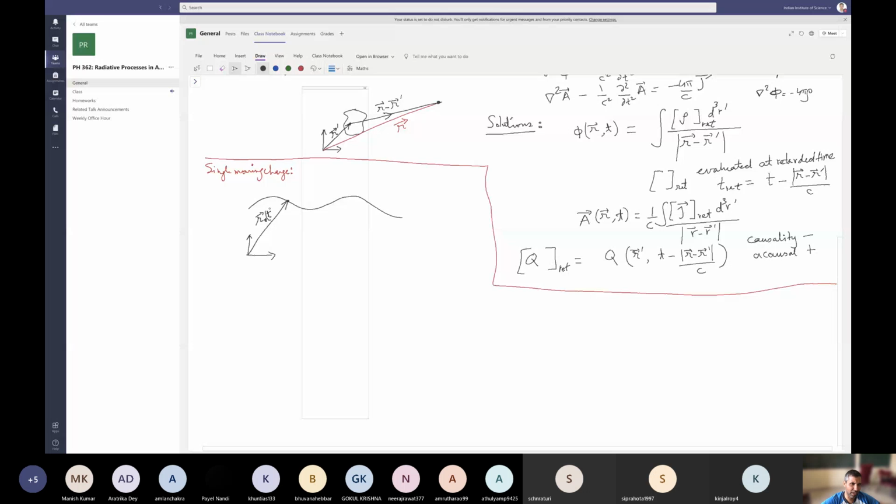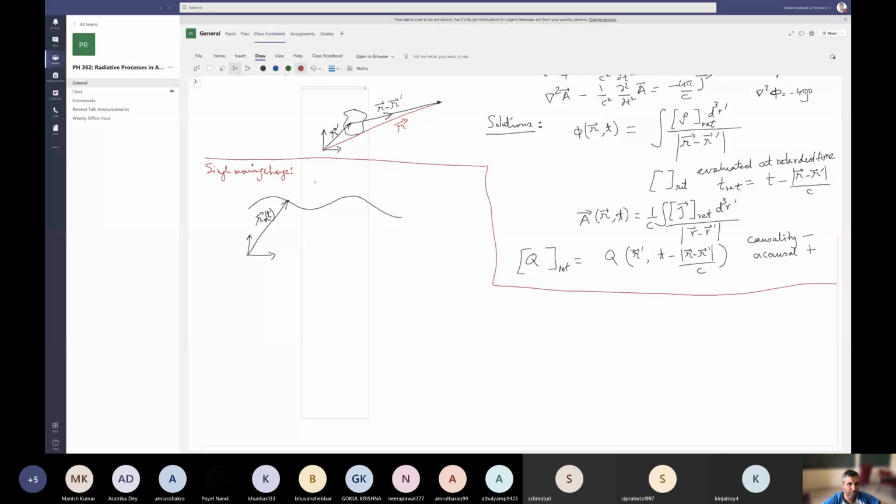This is the location of the charge at a given time t, and the location is here, here, here. This is sort of the trajectory. Remember, this is a charge, so charge is zero everywhere except at r0, because it's a single charge, not a charge distribution.